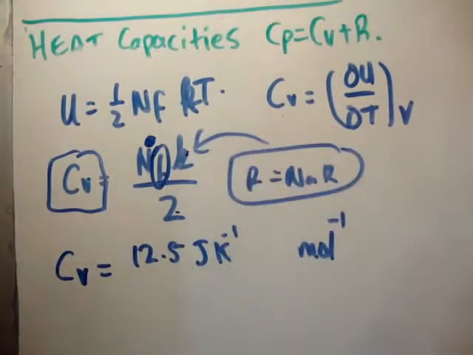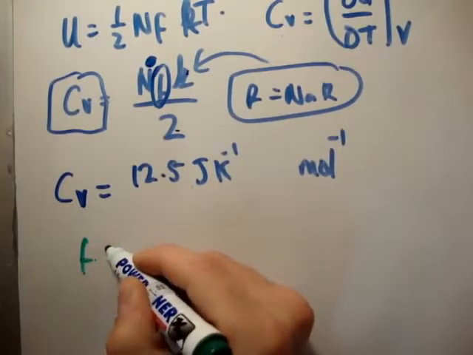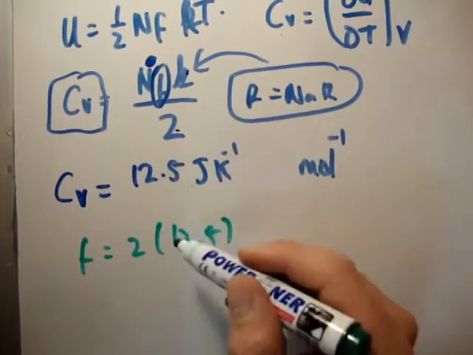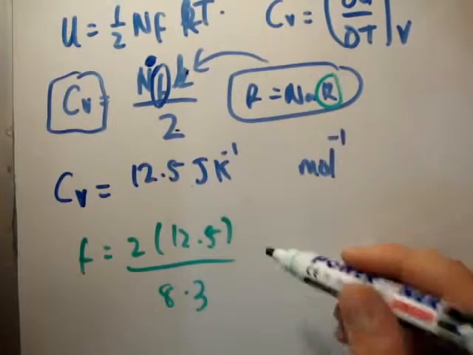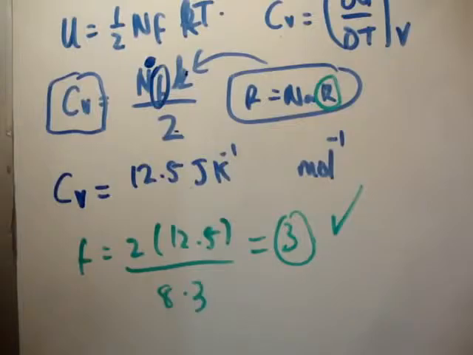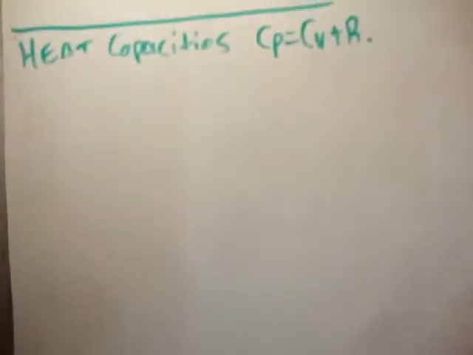If we do that, F becomes 2 times 12.5 divided by the value of our molar gas constant, which is 8.3, and we get a value of 3. We find that we have 3 degrees of freedom, which is exactly what we expect for a solid. So this is a good way of measuring the number of degrees of freedom, by the heat capacity at constant volume.